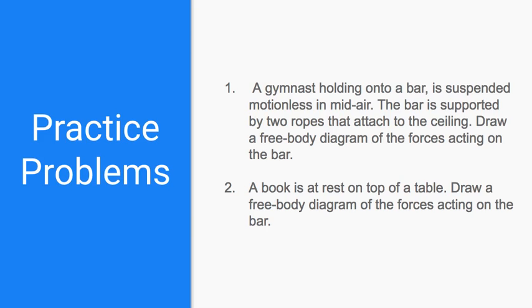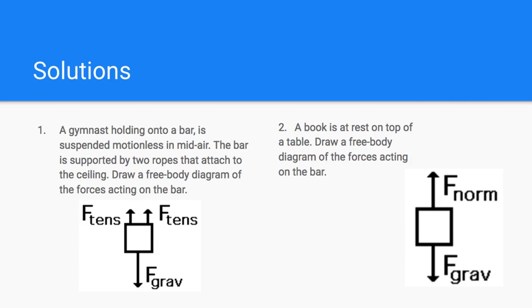Alright, if you're not done, just pause the video, but I'm going to go over the solutions now. So in the situation with the gymnast, we can think about gravitational force first. As we know, gravitational force always points downwards towards the center of the earth. So we will draw a line of gravitational force pointing down. Then there's ropes involved, so we know there will be tension force that needs to be included in our diagram.